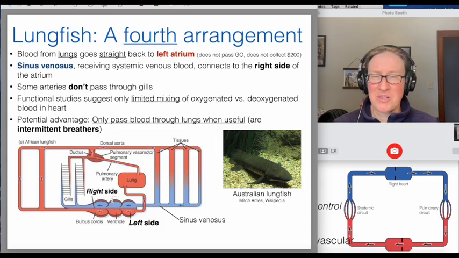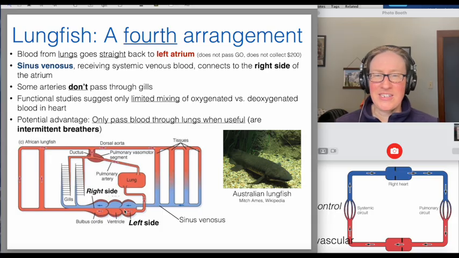And so we might start to wonder, okay, well, why do lungfish have this really involved organization? Well, there's a potential advantage to this. Lungfish don't use their lungs all of the time, right? If they're underwater, they're not going to be breathing air while they're underwater.